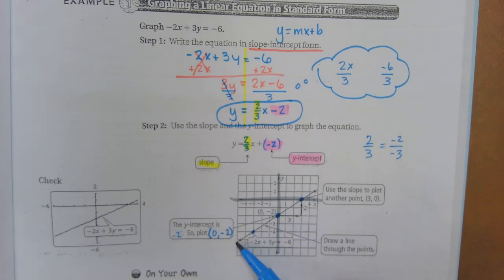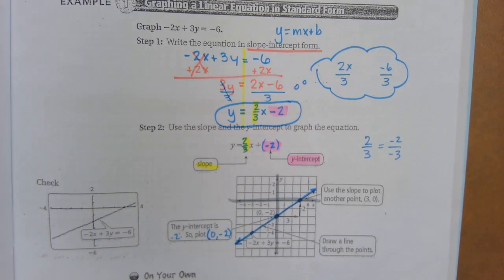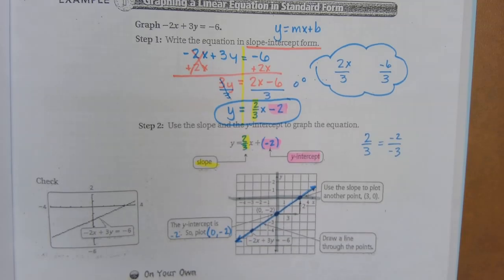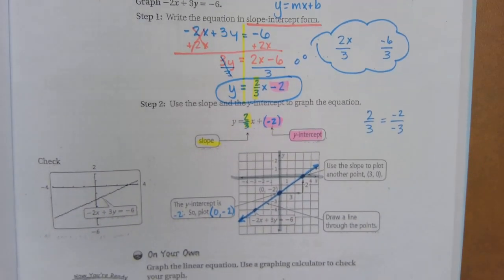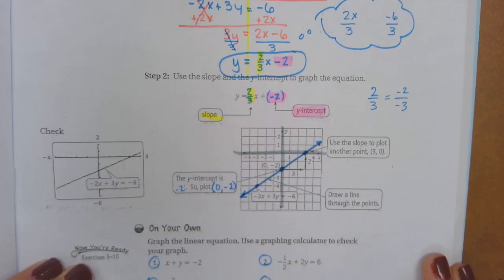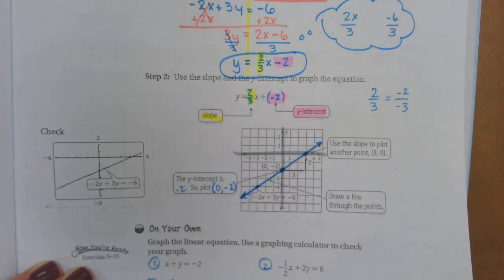So that gives me 3 points. Use your straight edge, draw your line, and that gives you your equation. Okay, so that is pretty simple. That's kind of using everything we already know. So for your work, you're going to do on your own 1, 2, 3, and 4. And on your at-home lesson, I'll go over the answers to those.